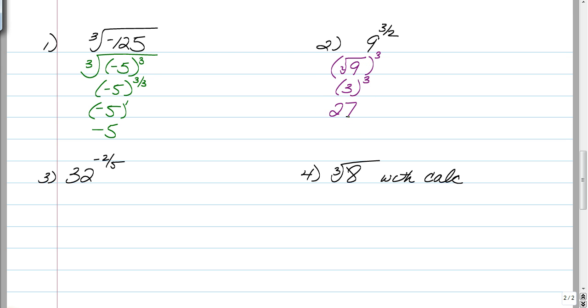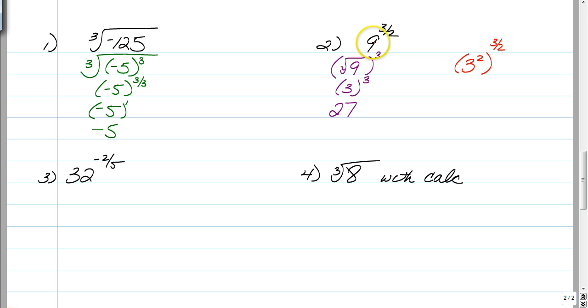So that's a way you can work with it when you're changing from an exponent to a radical. Another way you could have done this problem is just keeping it as exponents. That would still be changing 9 to what we know is 3 squared. Now, that's still raised to the 3/2 power. Notice I did not change the exponent we started with, 3/2.